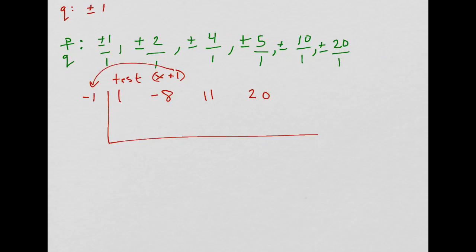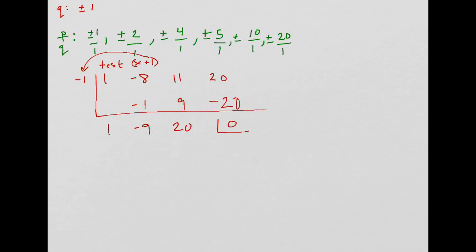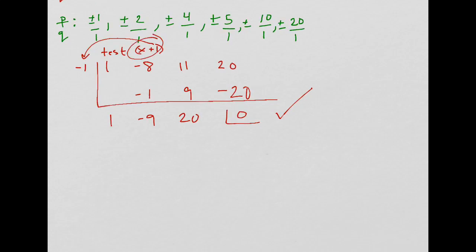I'm just going to do the synthetic division. 1, negative 1, that's negative 9, then 20, and then negative 20. Oh, look at that. If your synthetic division works out evenly, then you know that negative 1 is going to be one of your answers, which means x plus 1 is a factor.